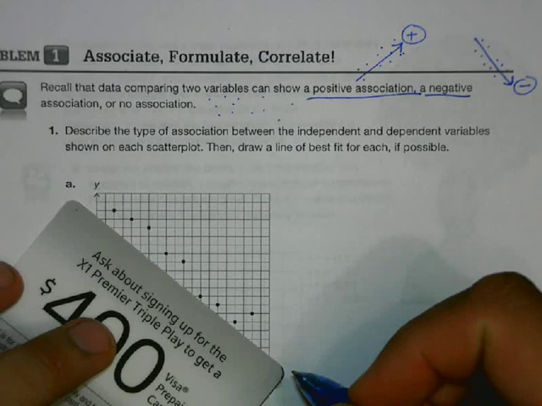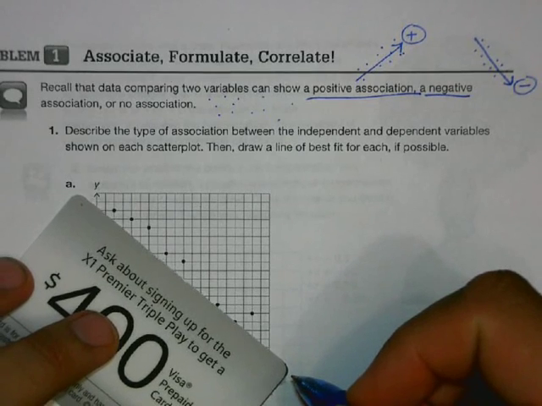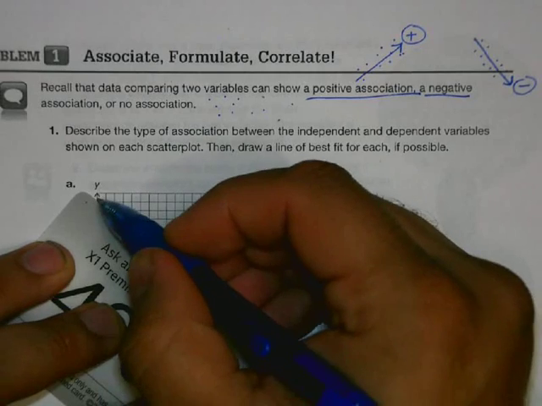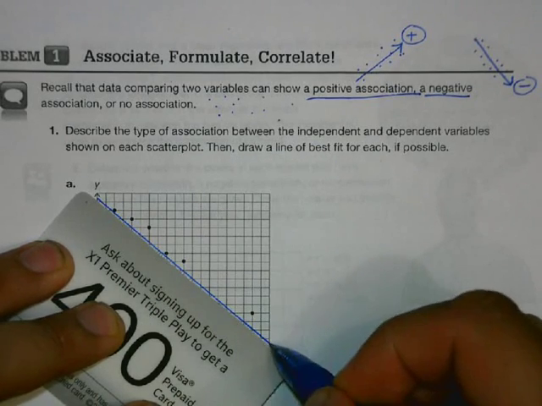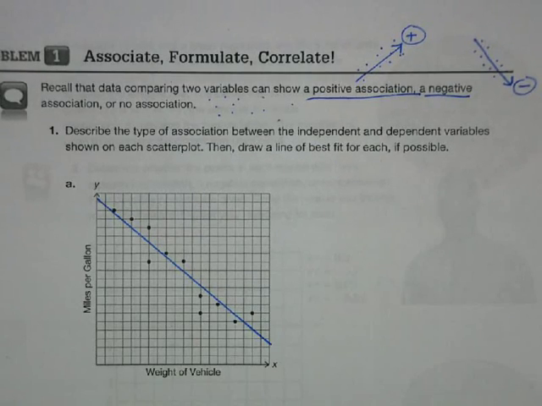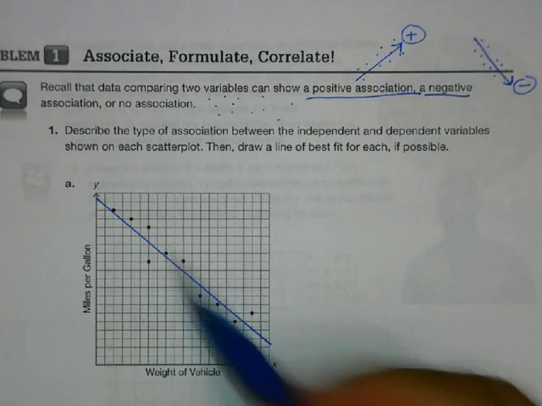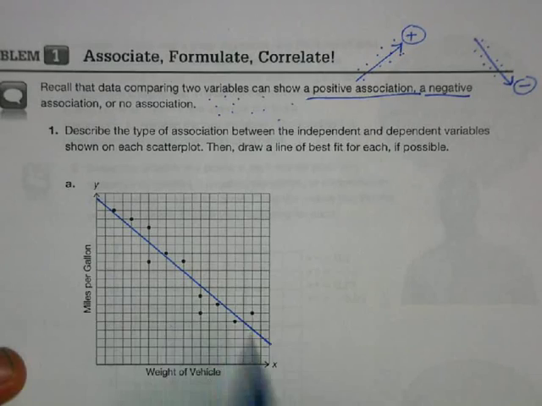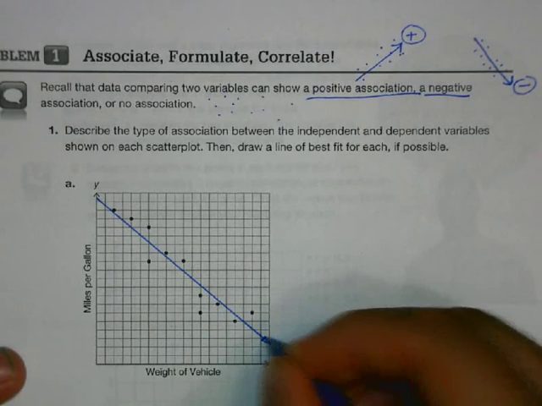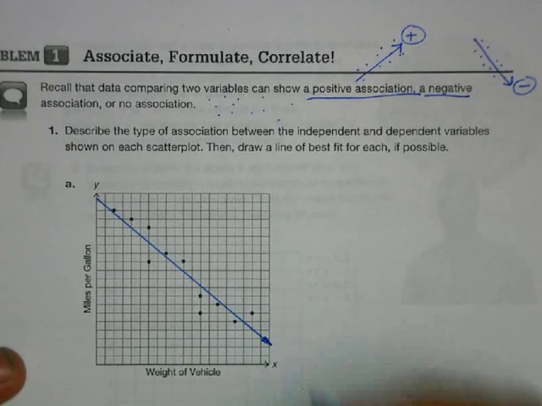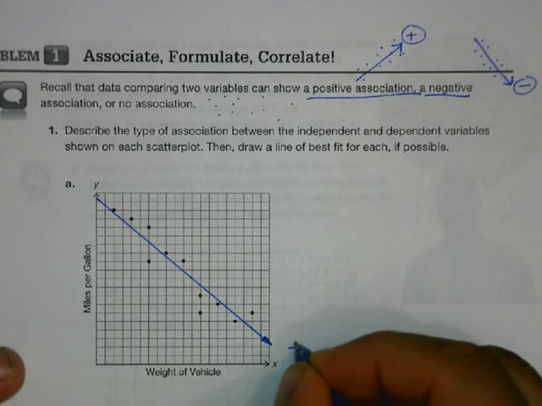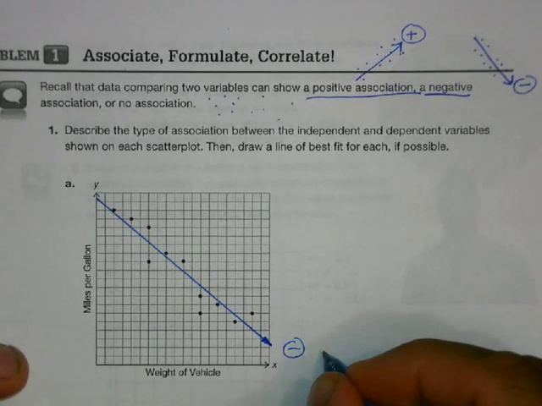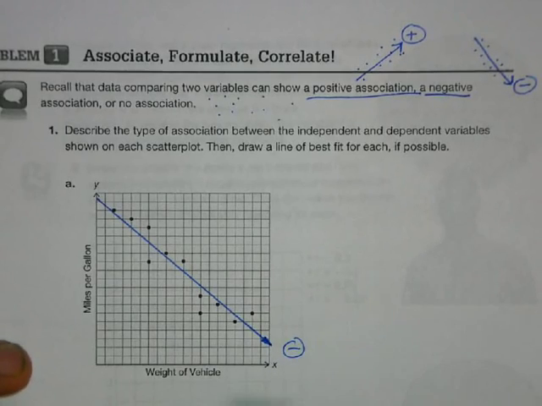So we could say this has a negative association. We could write that in our statement underneath. We want to write a full sentence, so we move it up a little bit. So we could say there is a negative association. We've got a negative association, but what's it between? On the x-axis, we got the weight of a vehicle.